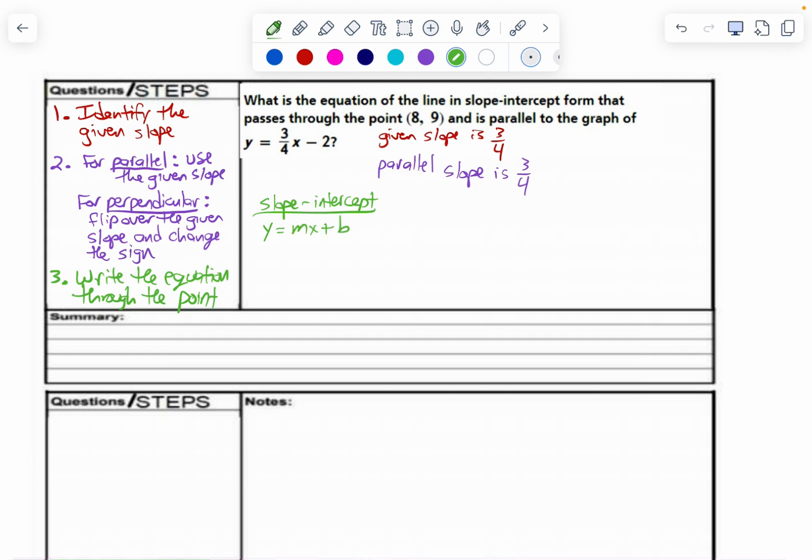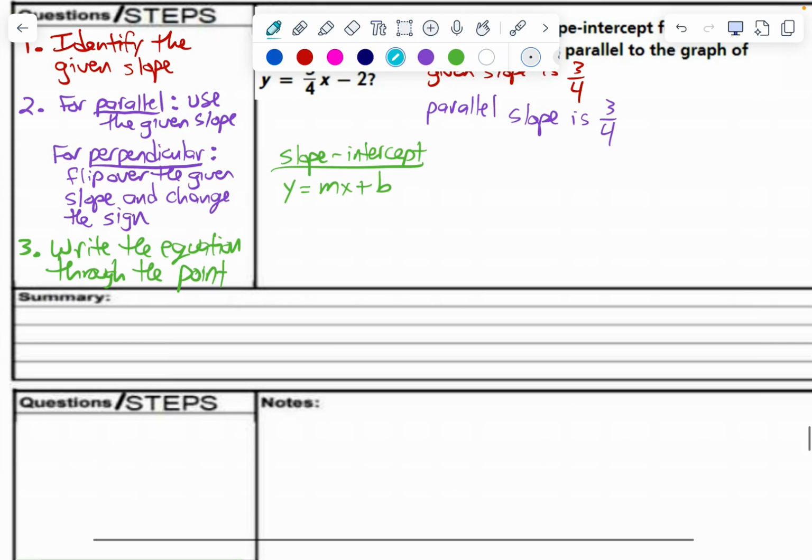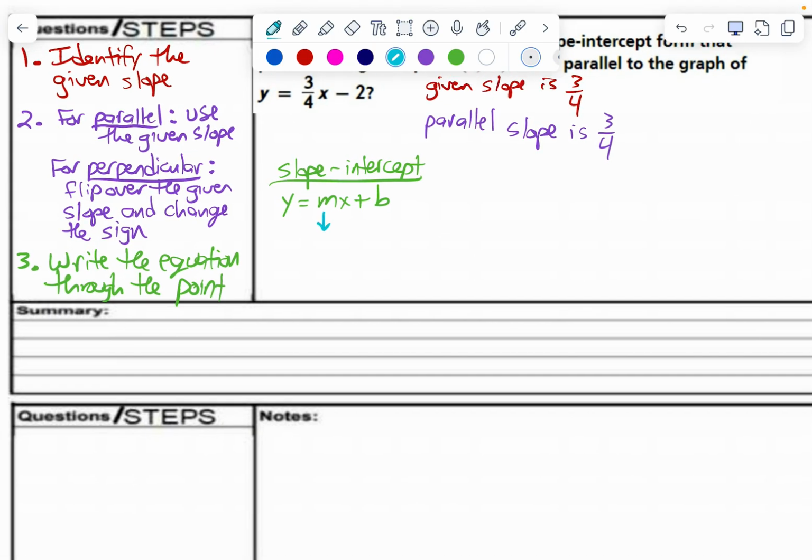What all do we know in there right now? Well, we know m. What is m? 3/4. We know an x, which is what? 8. We know a y. What is it? 9. We don't know what b is, so we have to go solve for b.